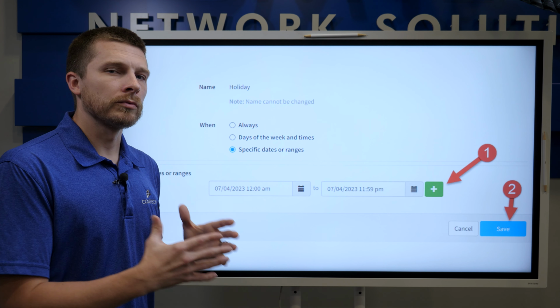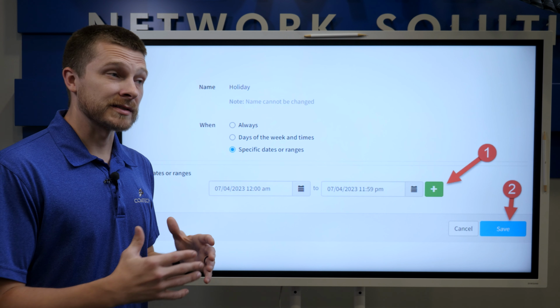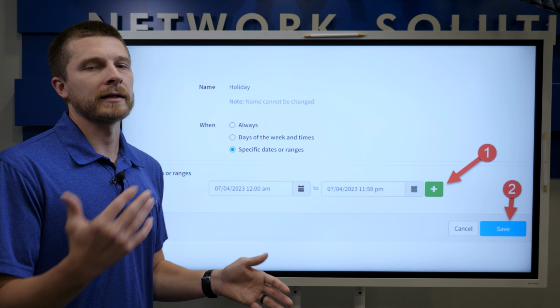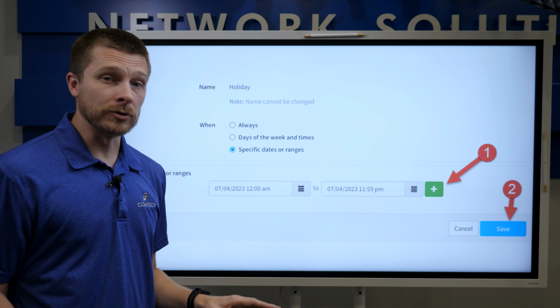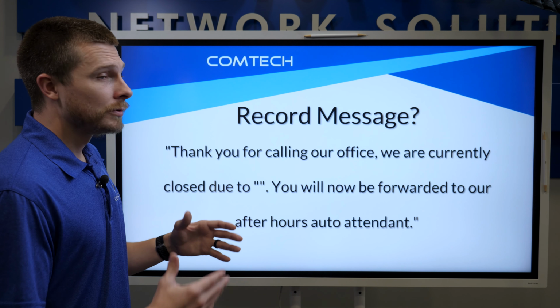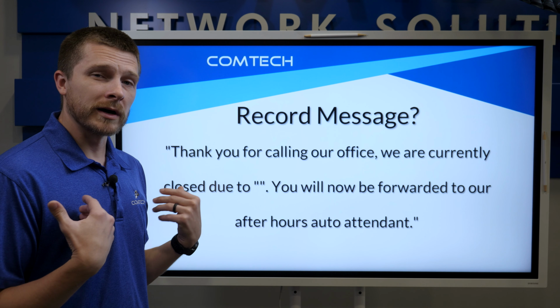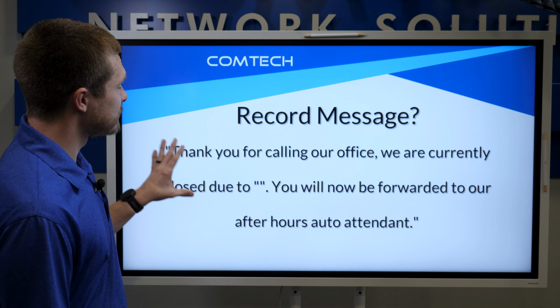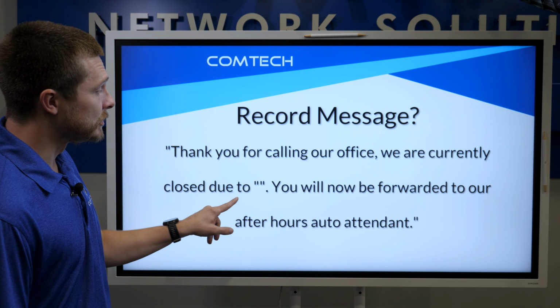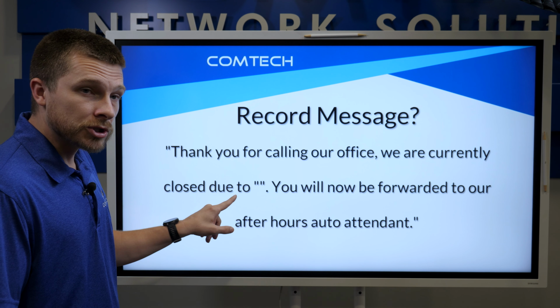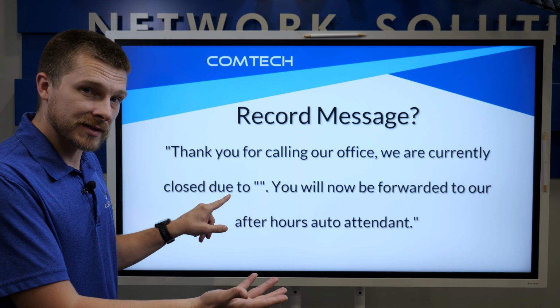If you don't want to record a special message saying why you're closed or exactly when you'll get back, then you can just click save and you're done. Now, what do our messages say? What our standard messages say is something like this. Thank you for calling our office. We're currently closed due to whatever reason you chose. If that's inclement weather, then it'll say inclement weather.